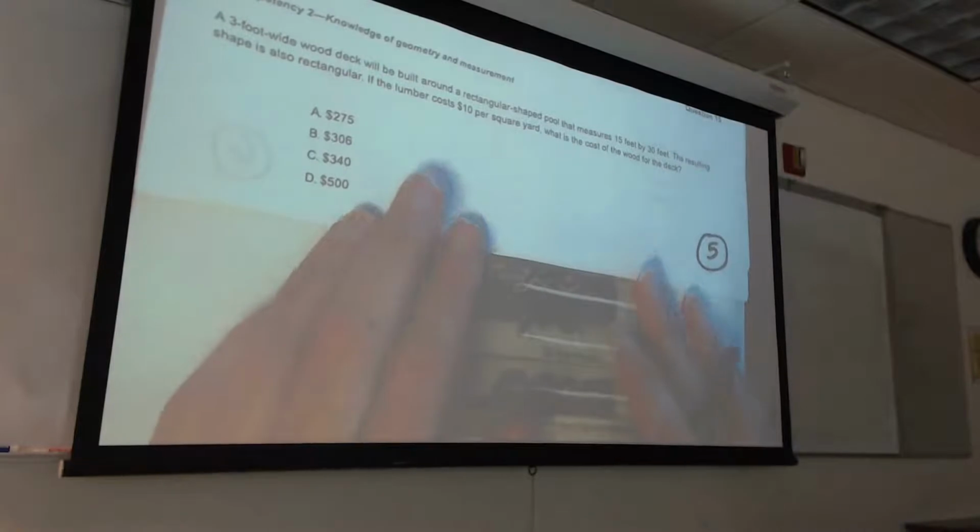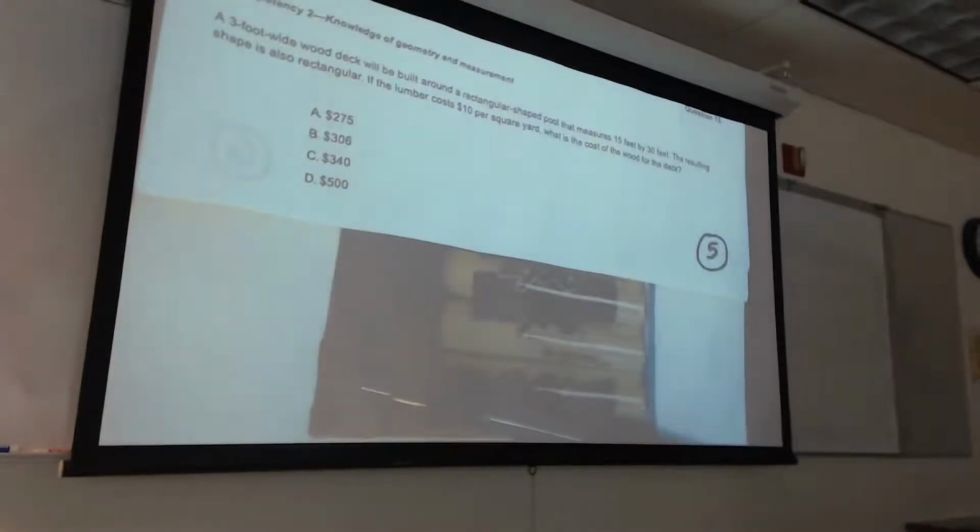Okay, number 15. A 3-foot wide wood deck will be built around a rectangular shaped pool that measures 15 feet by 30 feet. The resulting shape is also a rectangle. Okay? If the lumber costs $10 per square yard, what is the cost of the wood for the deck?